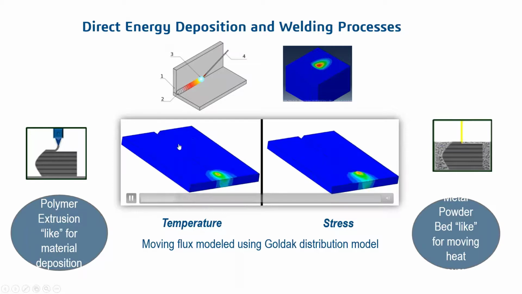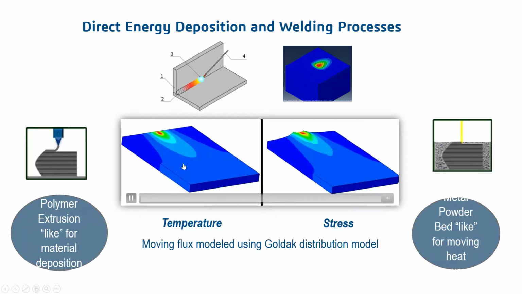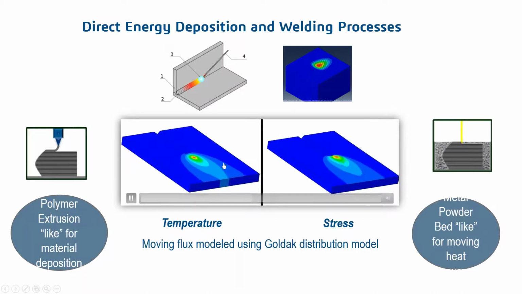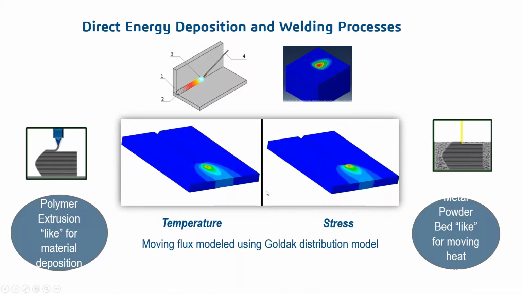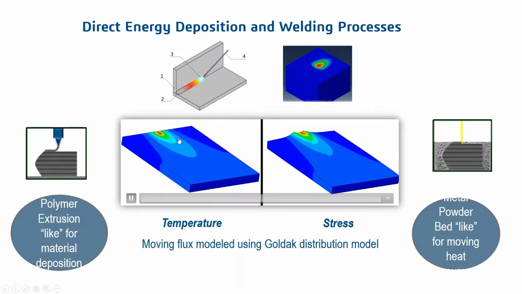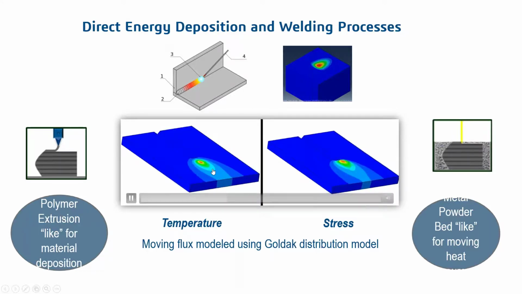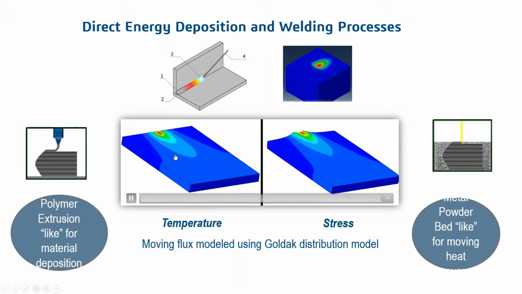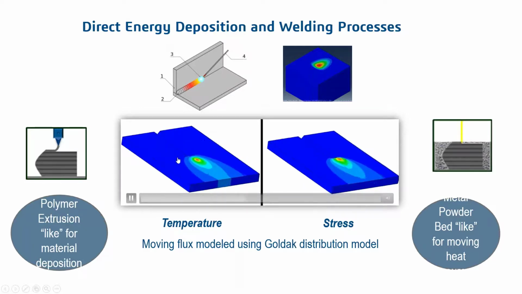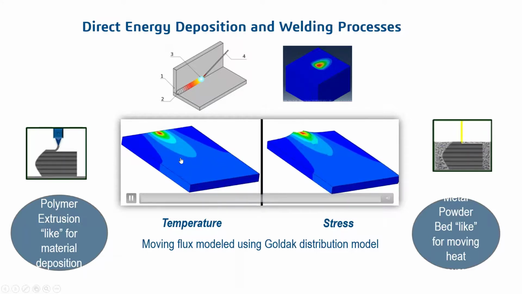It could be a single point, or for a more detailed type of modeling, we can provide a distributed shape, oftentimes known as Goldak distribution, that will automatically be intersected with the mesh. And there are continuity equations and so forth that will guarantee that we will deposit the correct amount of energy into the mesh.